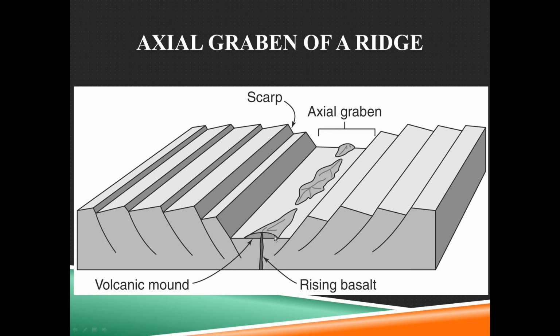This is a volcanic mound in the center of the graben from the basalt pouring out and cooling. And on either side we have the faulting, and we have scarps where the edge of the fault block is exposed and collapsing.